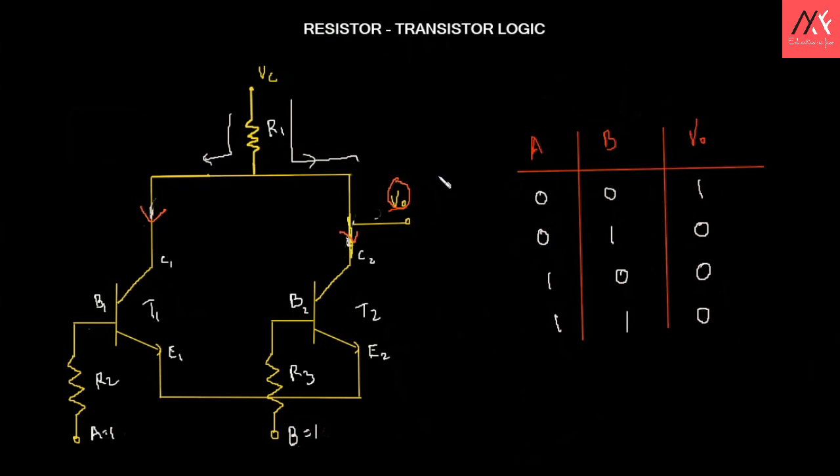So please understand, transistors will be conducting only when the emitters and the collectors are ready to exchange charges, right? The base of the transistors must be excited to a certain limit so that the exchange of charges will happen.